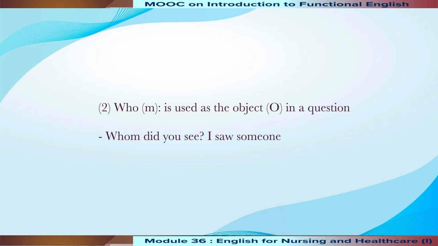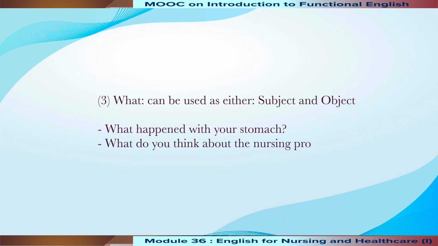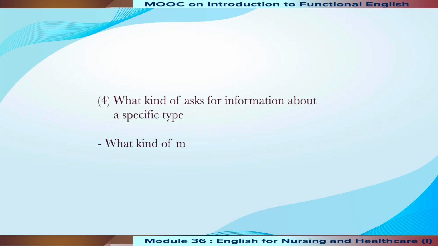Next, whom is used as the object in a question. Whom did you see? I saw someone. Next we can go to what, and that can be used as either subject or object. What happened with your stomach, for example, or what do you think about the nursing profession? Next we have what kind, which asks for information about a specific type.